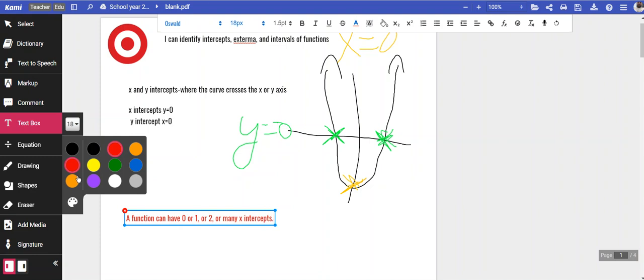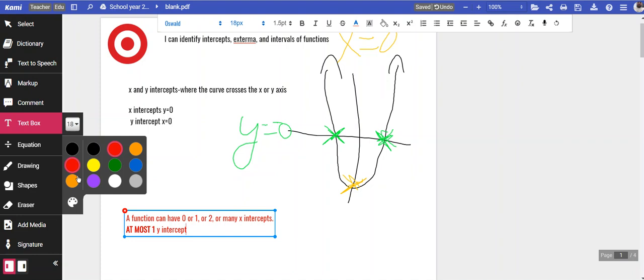And that just depends on several things. However, it can have, and this is important, at most one y-intercept. So that's important. All right.